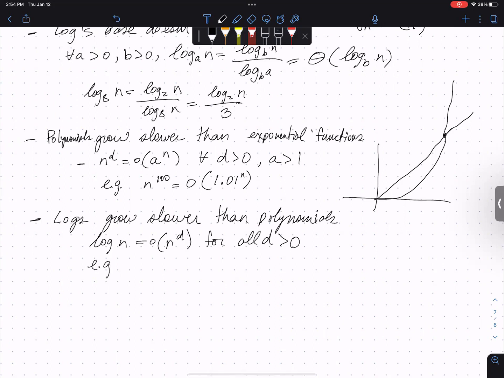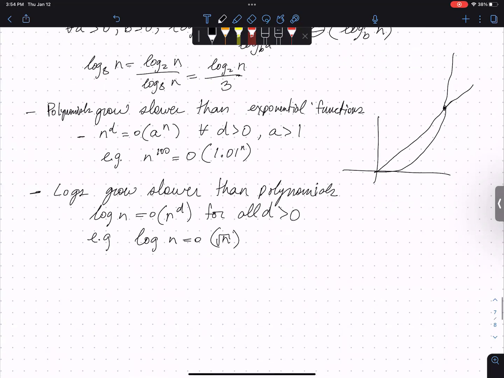For example, log of n is little o of the square root of n. So initially we got log functions, then we got polynomials, then we got exponential functions.